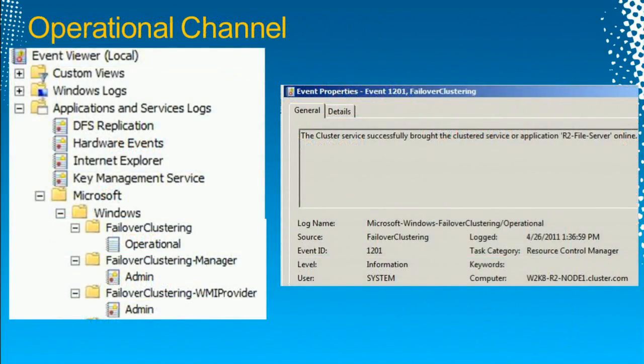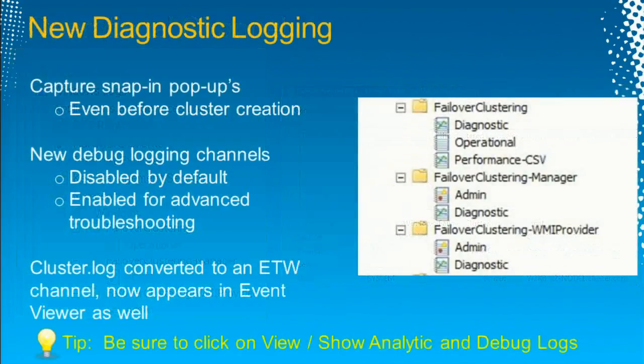Okay, here's our operational channel where it's at. It's in Event Viewer, Applications and Services, Microsoft, Windows, Failover Clustering. Okay, this is where you can see some of it. An example here, I brought this application online. So if you've got any monitoring software where you want to start monitoring for stuff like that, it's no longer in the system event log. So you need to change up your monitoring.